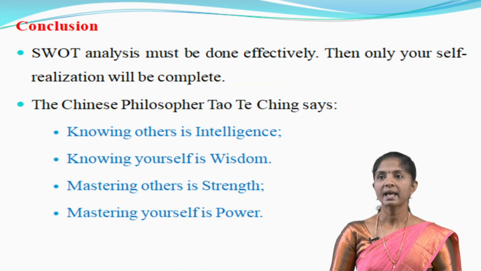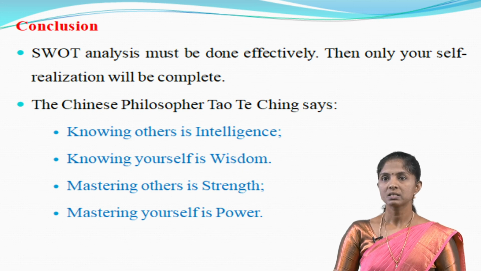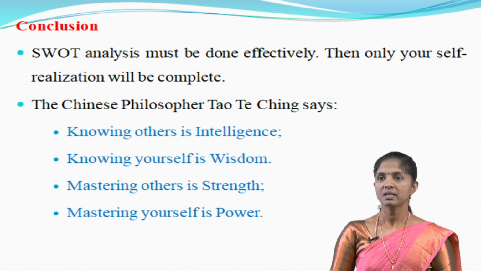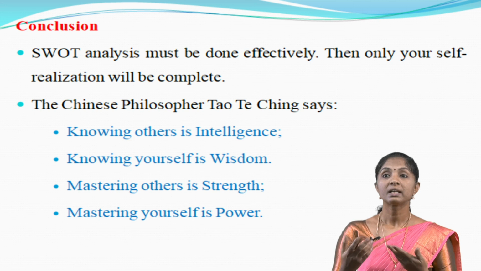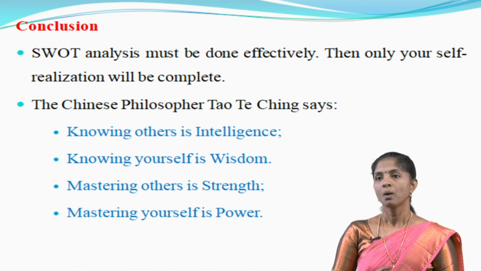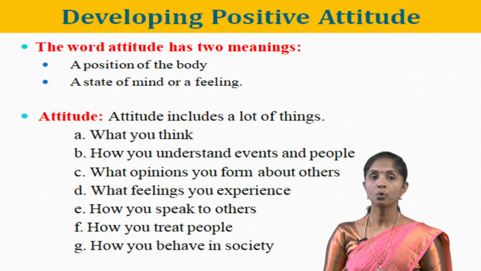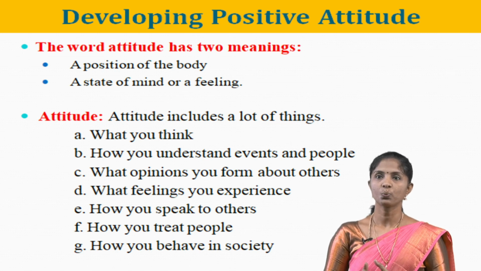So this analysis must be done effectively, then only your self-realization will be complete. The Chinese philosopher says that knowing others is intelligence, knowing yourself is wisdom, mastering others is strength, and mastering yourself is power.